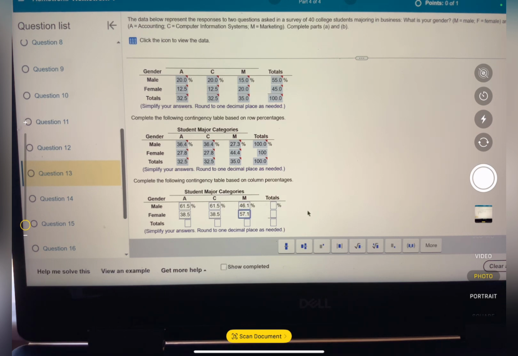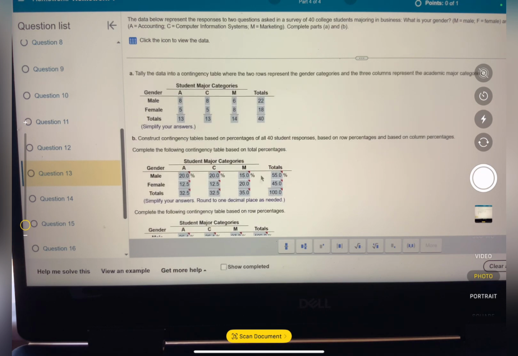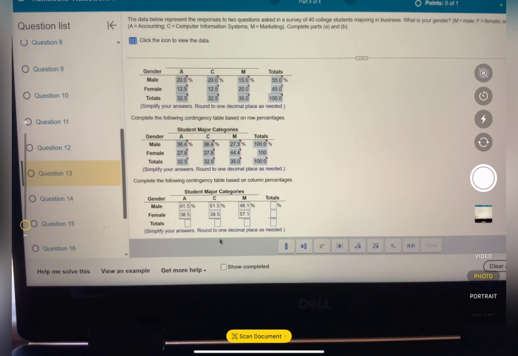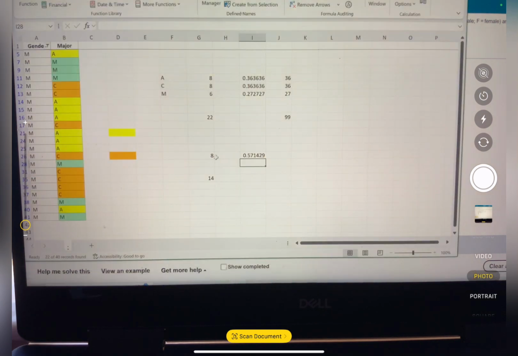At this point, let me double check this 46.1 because I had 13 there. 6 divided by 14. Okay. 6 dividing by 14, 42 point, well, here is 5. If I round, 42.9.